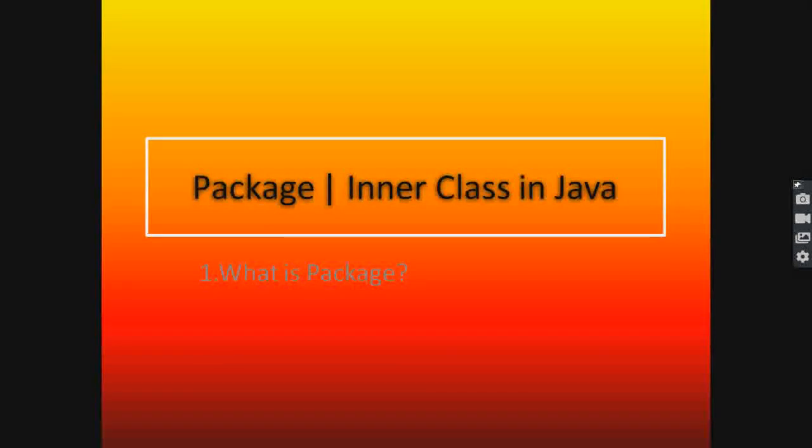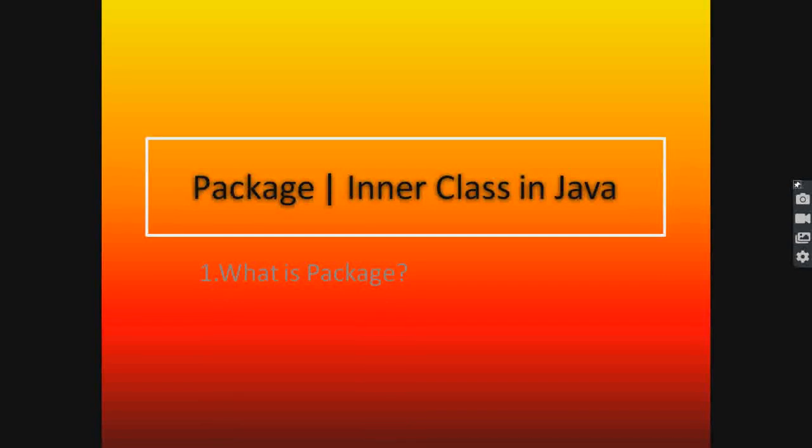That's the reason Java provides the concept called package. It allows us to keep the set of classes and interfaces of a particular component. So that's the use of package.